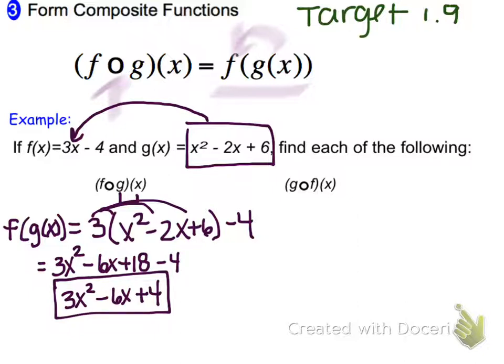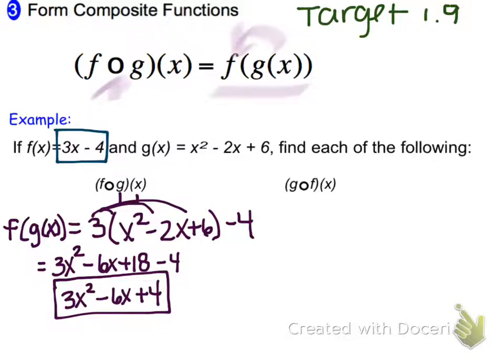We can do the same thing, only now we can do g of f of x. So using the same 2 functions, we're going to go the other way. We're going to start with f of x here, because f of x is in the inside, and we're going to put it into all the x's in the g function.